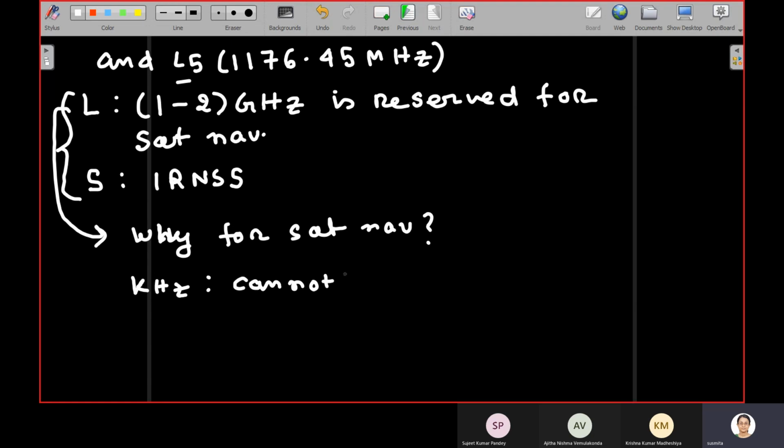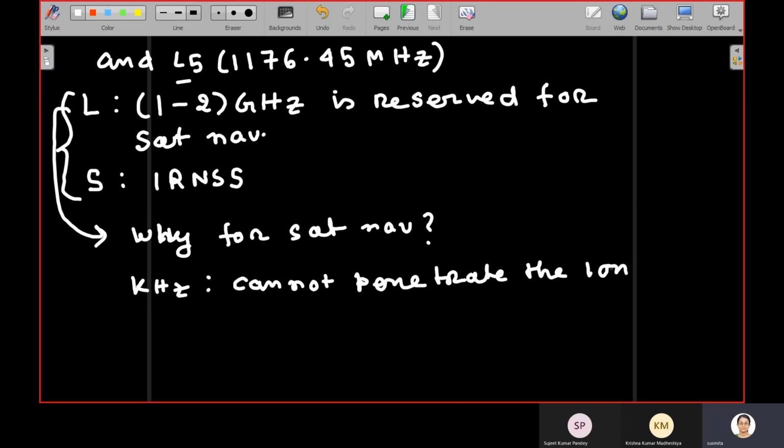It is seen that low frequency signals cannot penetrate the ionosphere, so they get reflected back. If you have a transmitter on the ground that transmits signals at a few kilohertz, the signals will get reflected from the ionosphere and come back to the Earth.